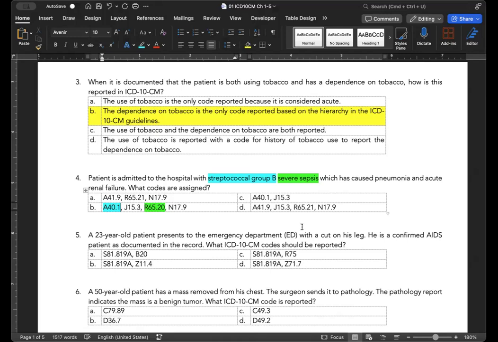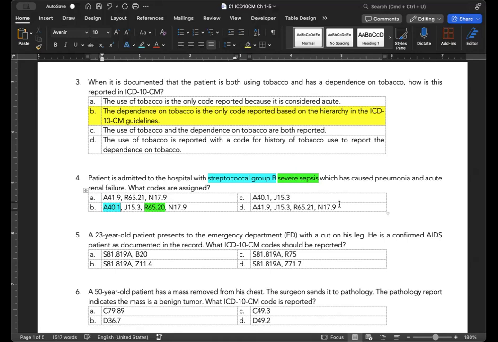So this is telling us that coding of severe sepsis requires a minimum of 2 codes. First, you have to have the code for the underlying systemic infection, which is our streptococcal group B. Then it's going to be followed by a code from subcategory R65.2, and we're using R65.20 for the severe sepsis.